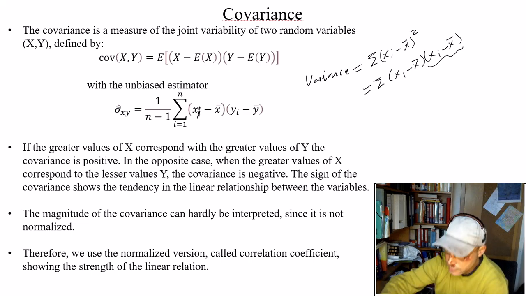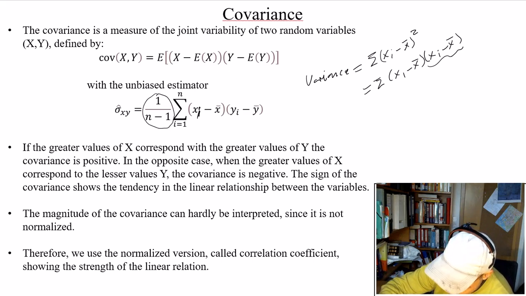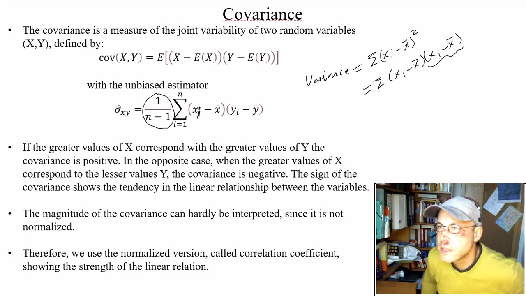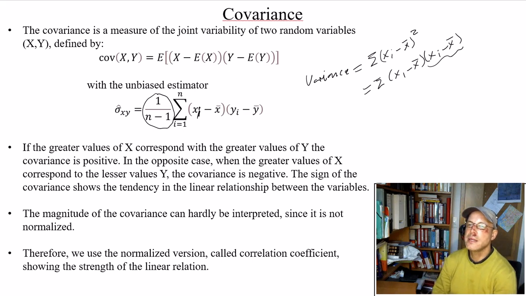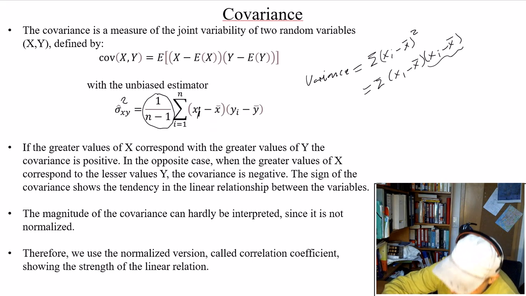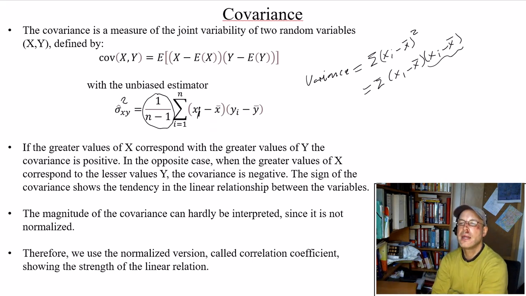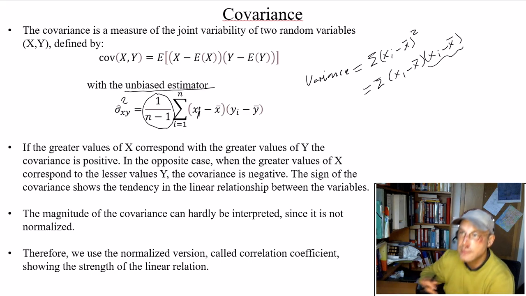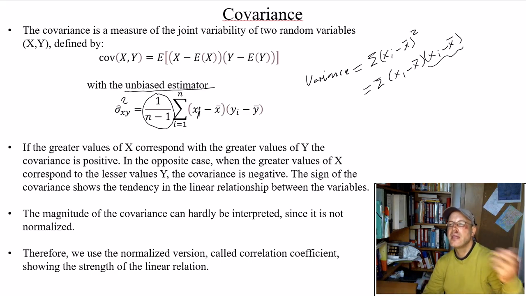And also we have this factor 1 over n minus 1, and I missed the square here too. This covariance needs the factor n minus 1 in order to obtain a so-called unbiased estimator.